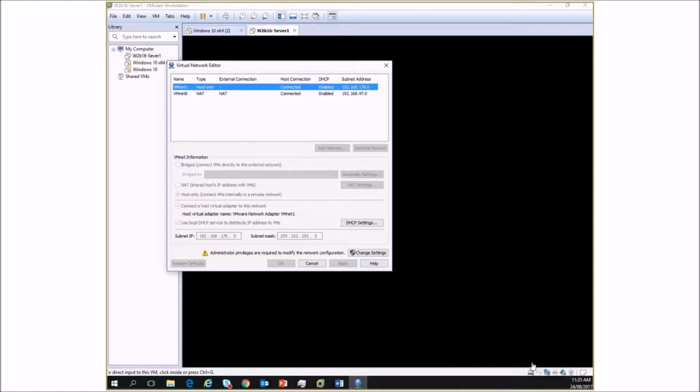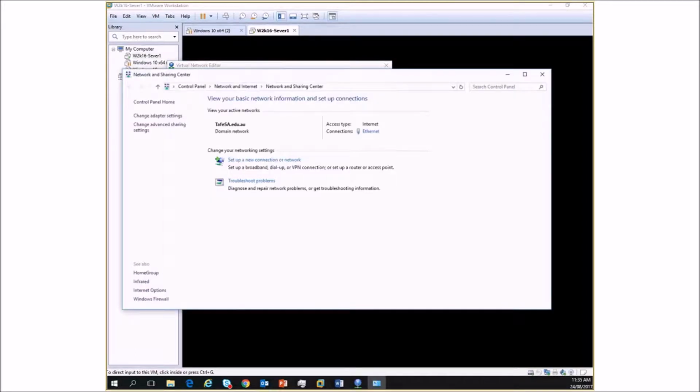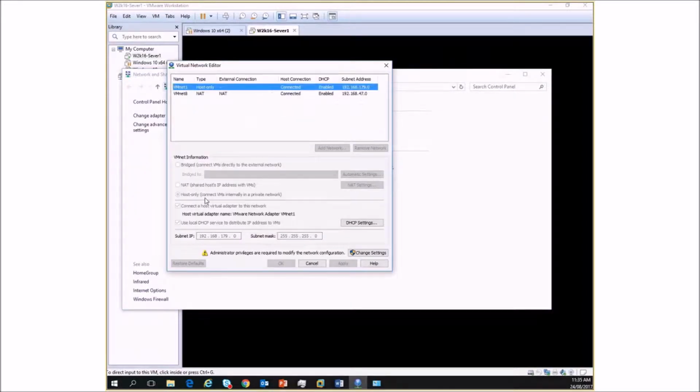Okay. By default, when we have a host computer, it will automatically have a network interface connected to that network.